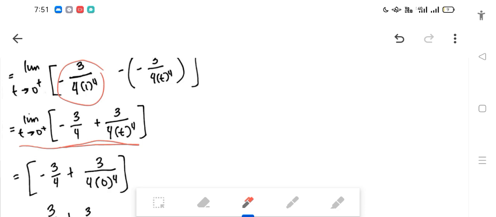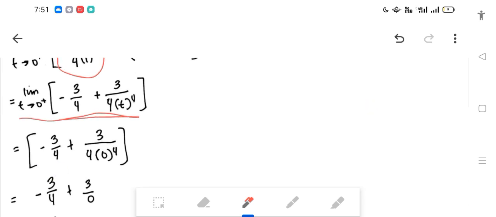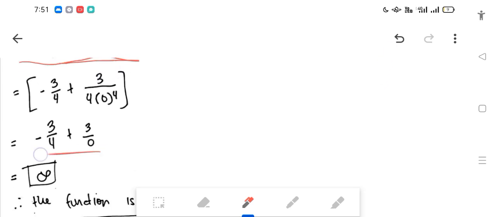We can now evaluate the limit of negative 3/4 plus 3 all over 4 t raised to 4 as t approaches 0 from the right. So now let's just substitute 0 as the value of t. So we have negative 3/4 plus 3 all over 4 multiplied by 0 raised to 4, which results to this one.